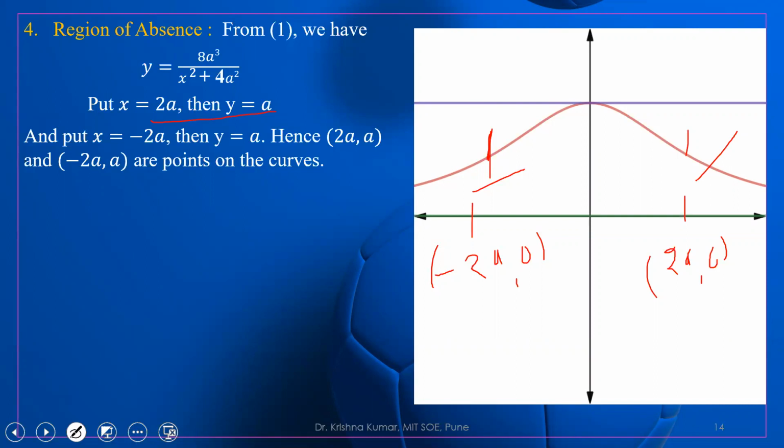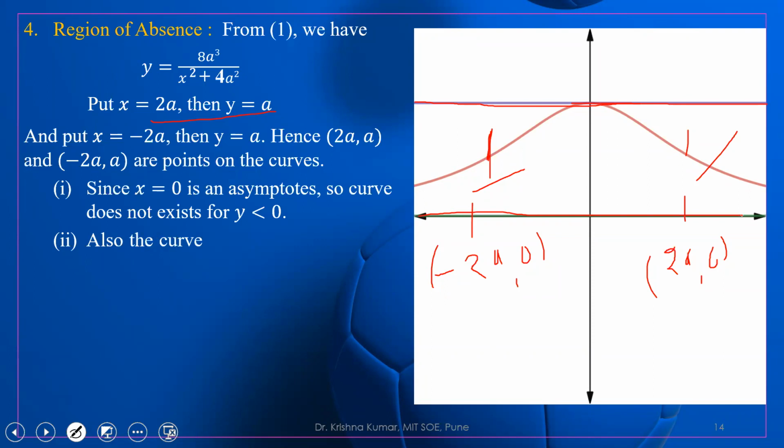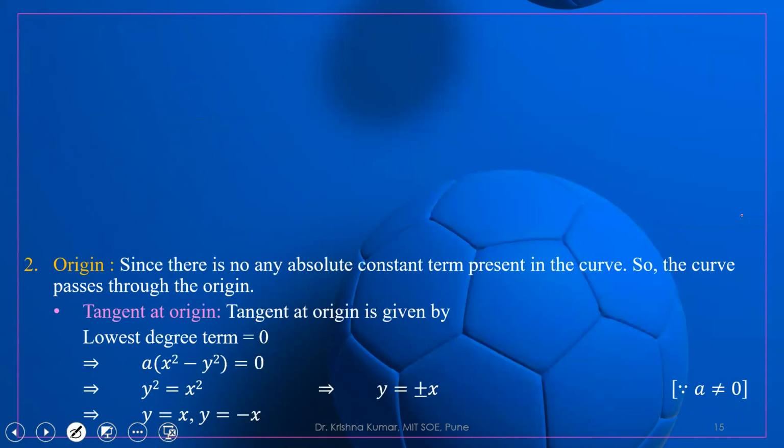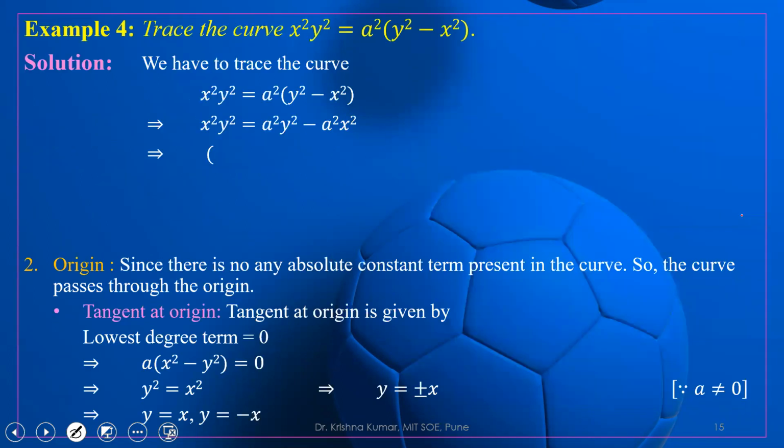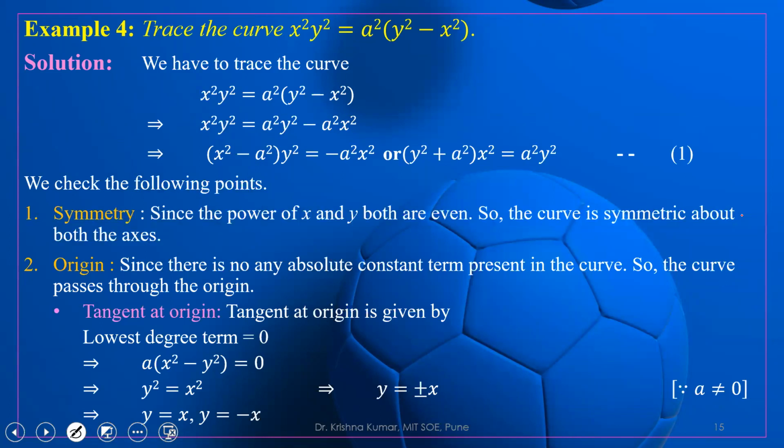And there is a tangent at this point, perpendicular to the y-axis, and it is the asymptote. So in this manner, we are able to trace the given curve. This is the next example we have already seen.